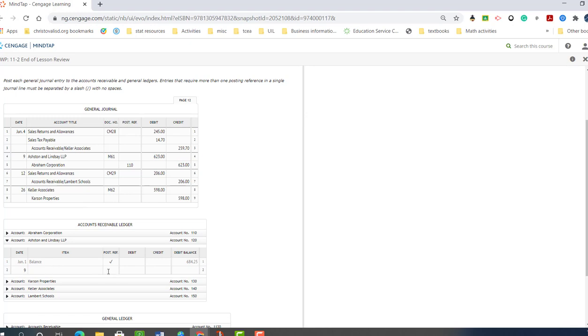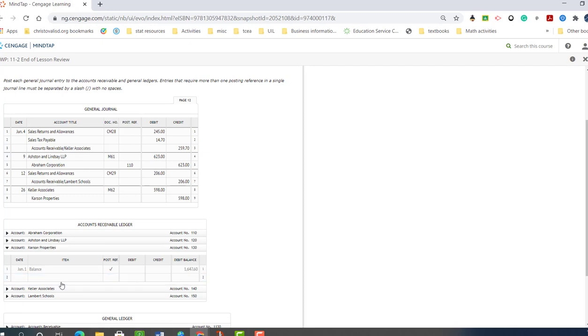And then Ashton Lindsay on the 9th. This came from our G12. And they received a debit balance of that $623. And that's going to increase their debit balance to where it's $1,307.25.